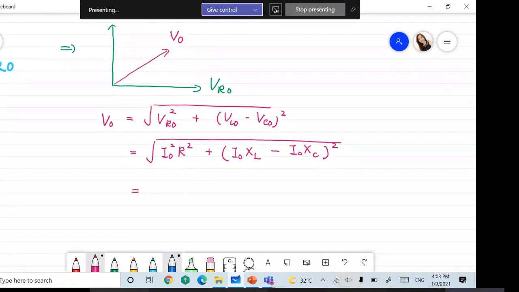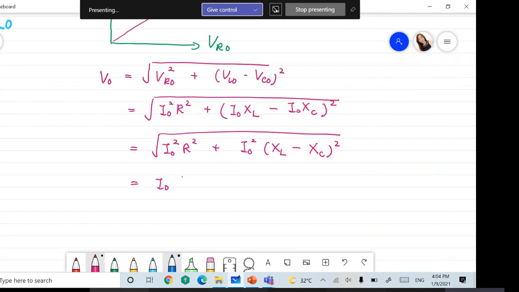Then I further simplify: I0 is a common factor, so I factor it out, and it becomes I0 times the square root of R squared plus (XL minus XC) squared.